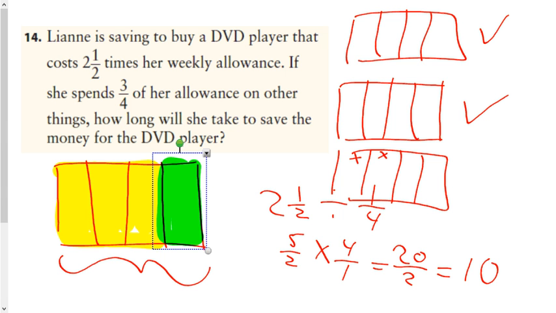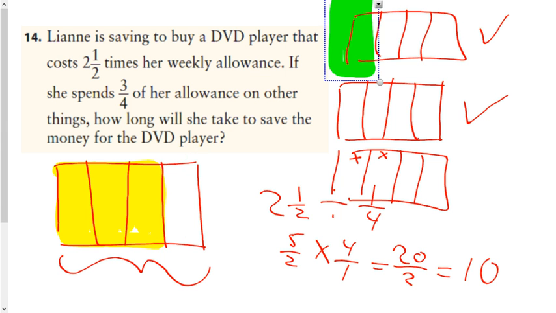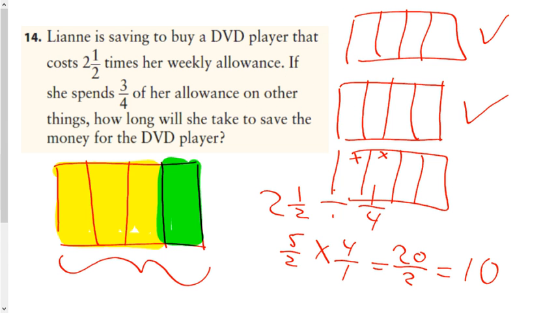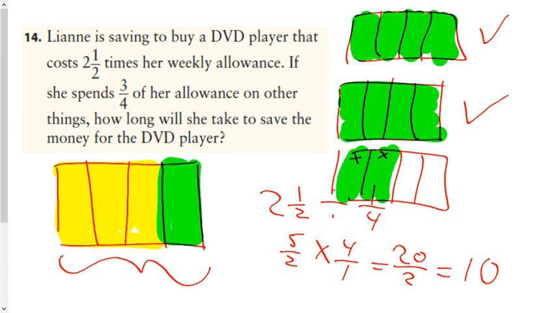If she's only saving this much per week, obviously, 1 week, 2 weeks, 3 weeks, 4 weeks to save up an entire allowance, 8 weeks to save up 2 allowances, 9 weeks, 10 weeks to save up 2.5 times her allowance.